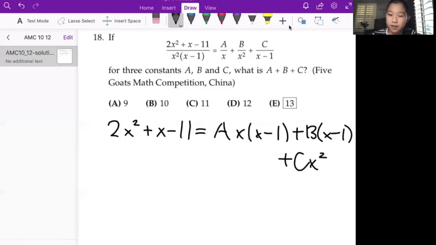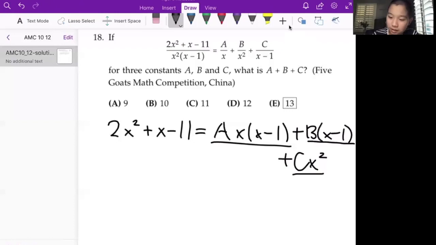So if you look at this a bit, you'll see that only b can have the constant term. A has this thing, which doesn't have any constant term, and c has x squared, which isn't a constant term.